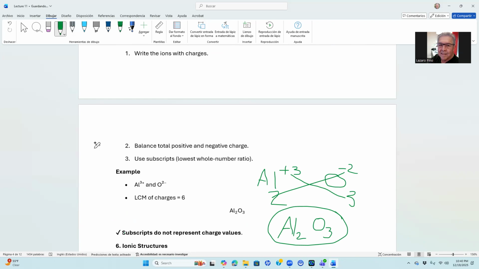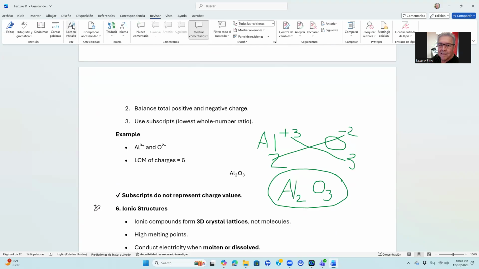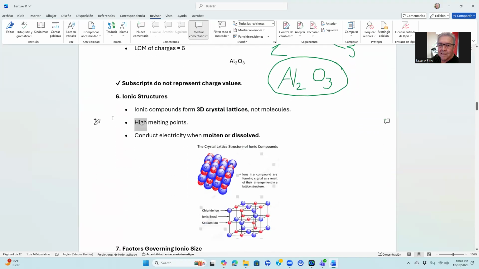Let's continue now. We are going to see the ionic structures. Ionic compounds form 3D crystal lattices, not molecules. High melting points. Conduct electricity when molten or dissolved.